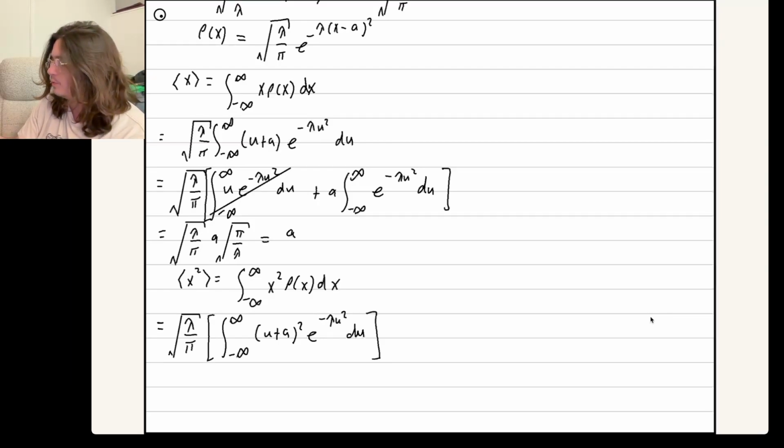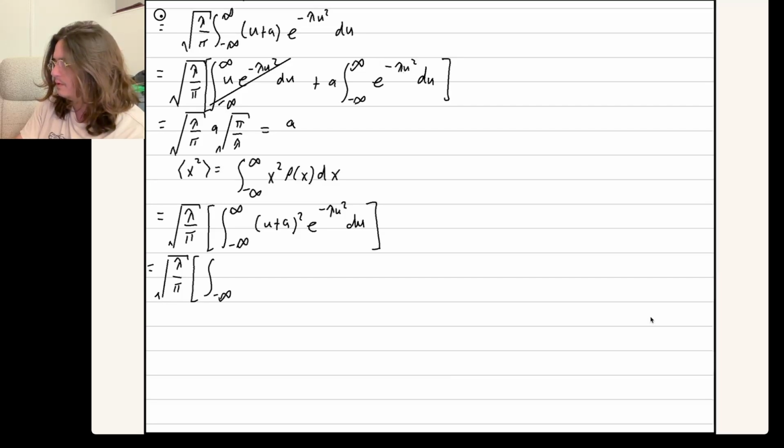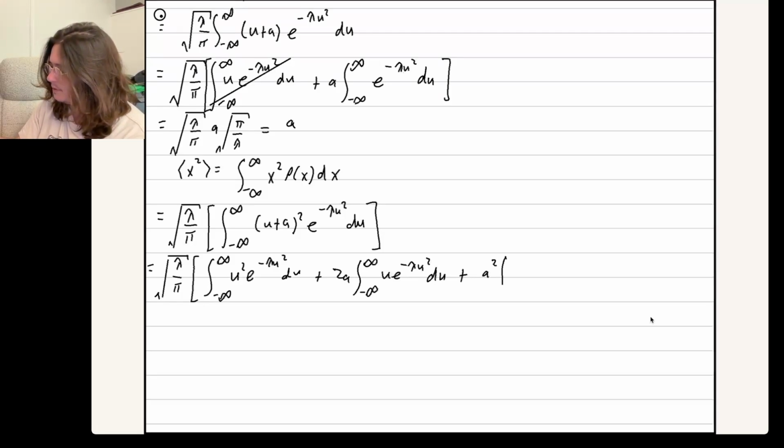So we're going to end up doing three integrals now when we expand that square. So you got lambda over pi, you got the integral of u squared e to the minus lambda u squared du, plus 2a times the integral over all space of u e to the minus lambda u squared du, plus just a squared times e to the minus lambda u squared du.